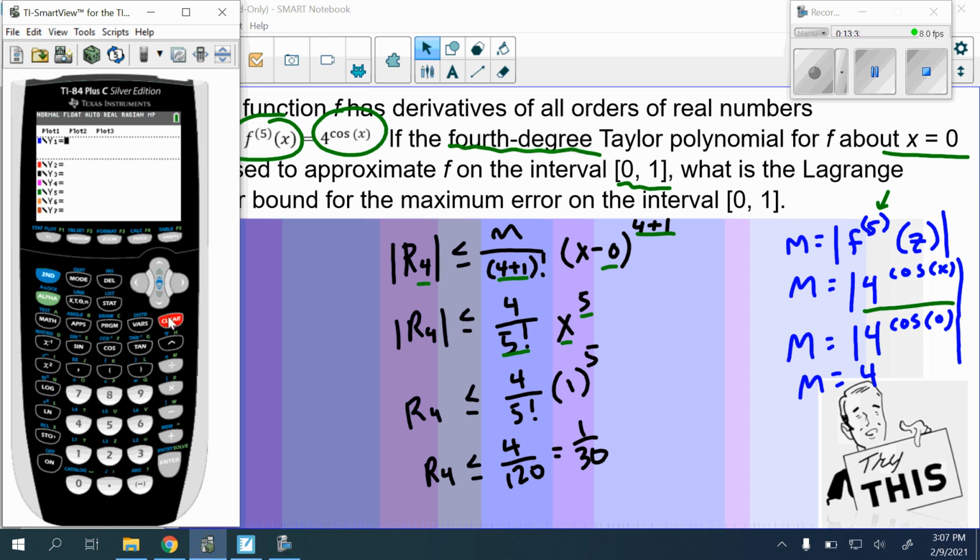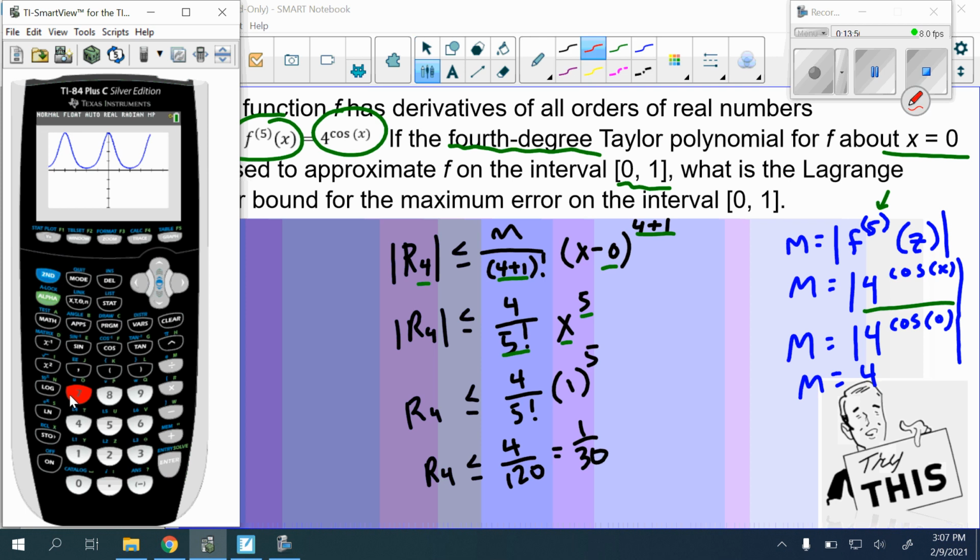So if you graphed out 4 cosine x, you can see, I graphed this on the trig graph, that the biggest value it's going to have from 0 to 1 is at 0. Actually, 1 is going to be over here a little bit. Between 0 and 1, the biggest value is going to be at 0.